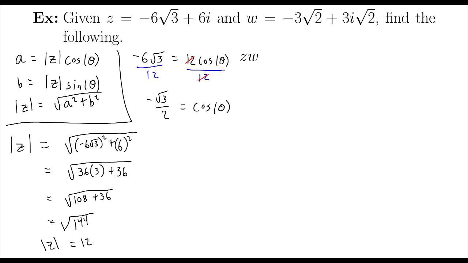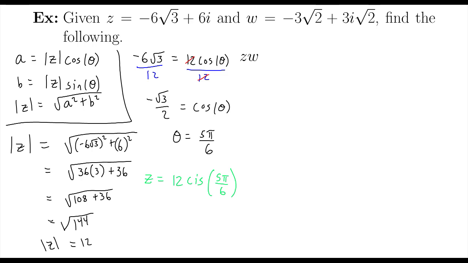Now in quadrant 2, cosine equals negative square root of 3 over 2 at 5 pi over 6. So there's my theta. So finally, I can write out z, and I'll put it in a different color so I can spot it easily, as 12 cosine plus i sine of 5 pi over 6.